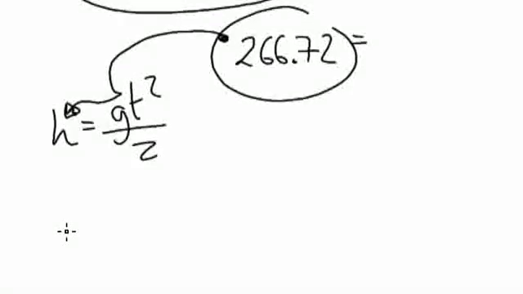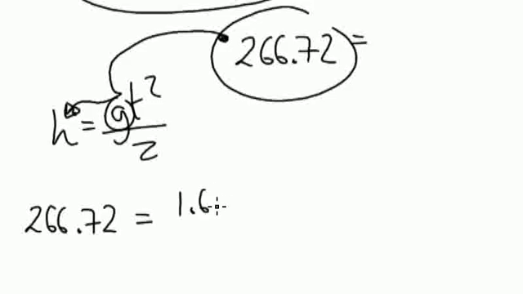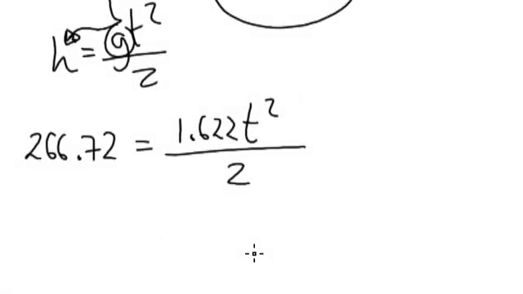So this would be 266.772 equals g, which is 1.622, times t squared over 2. Now it's just a matter of finding out t.